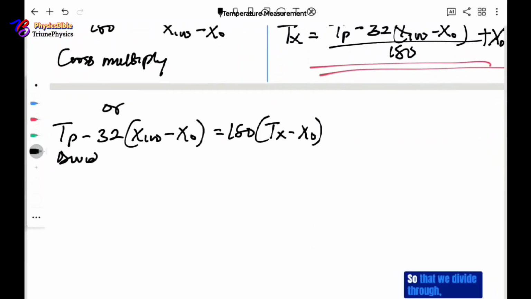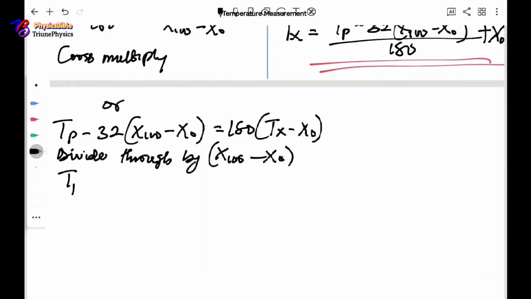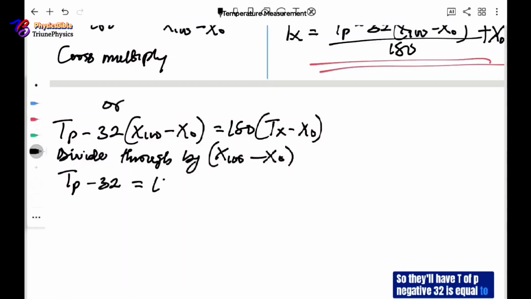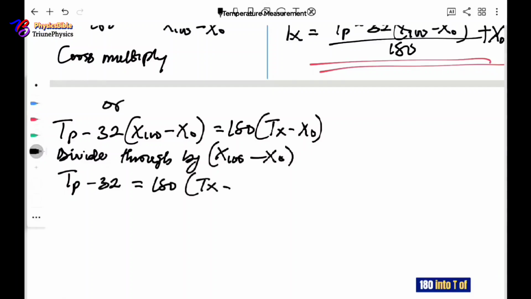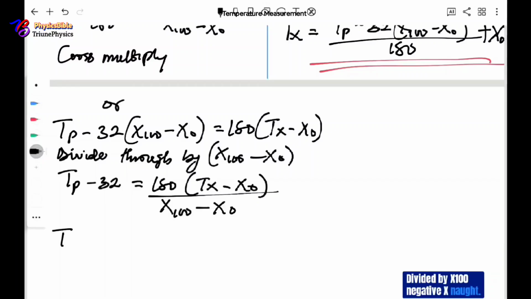Is that clear? So that we divide through by X 100 minus X naught. Is that clear? So that we'll have T of F minus 32 is equal to 180 into T of X minus X naught divided by X 100 minus X naught. Is that clear?